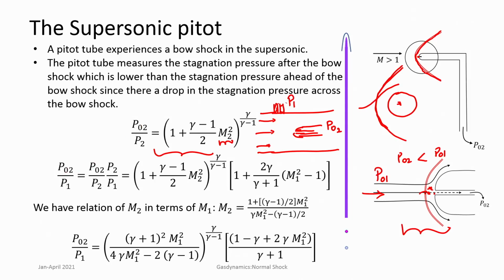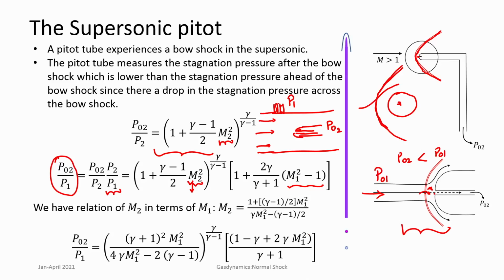P02 by P1 is what we are usually measuring, and P02 by P1 is written as P02 by P2 times P2 by P1. P2 by P1 can be expressed in terms of the upstream Mach number, P02 by P2 is expressed in terms of M2 square, M2 square can be written in terms of M1 square, and so we get this expression for P02 by P1.